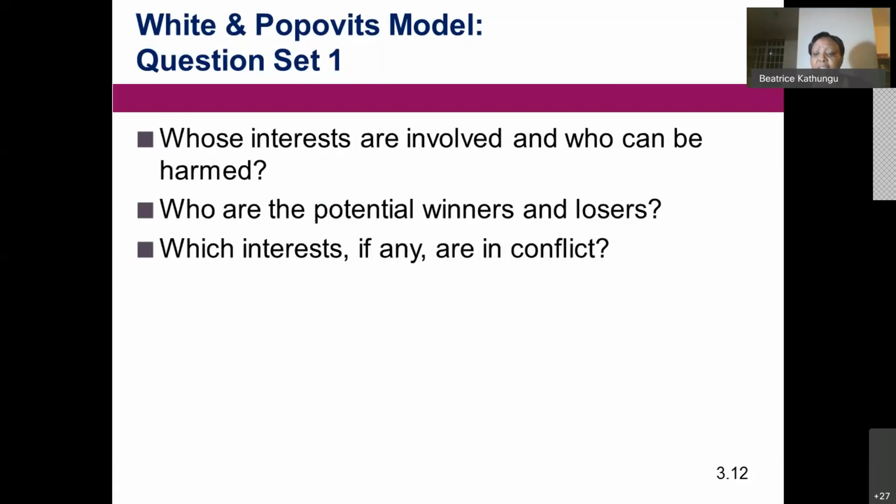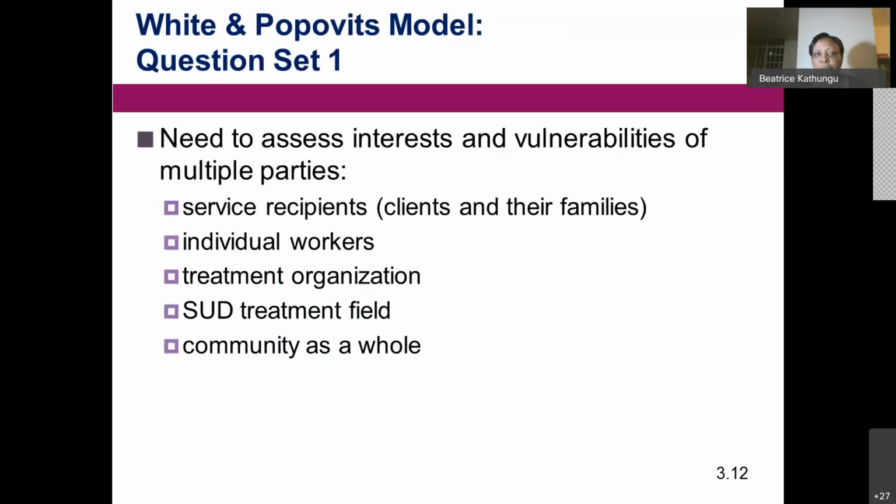When you have to make a decision in a situation, ask yourself whose interests are involved and who can get harmed by this situation, by this circumstance, by the decision you need to make or not make. Who are the potential winners and losers? What interests, if any, are in conflict? So you think through that. That is the first set of questions.